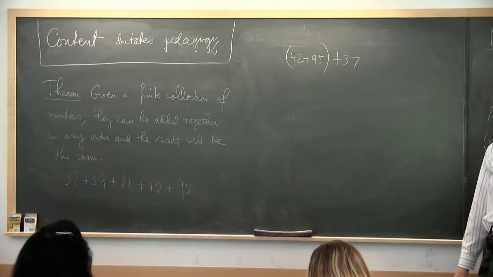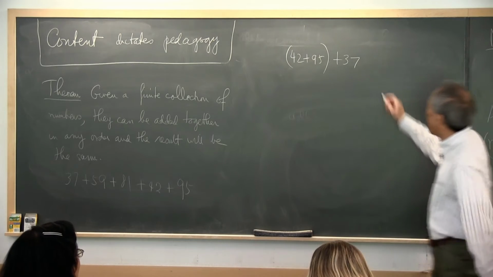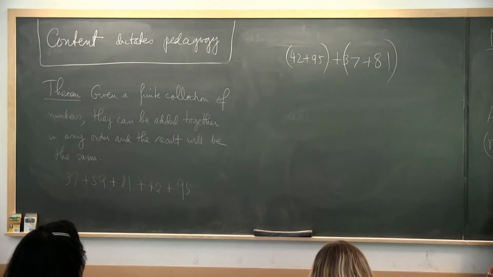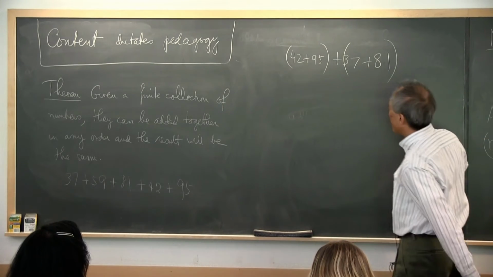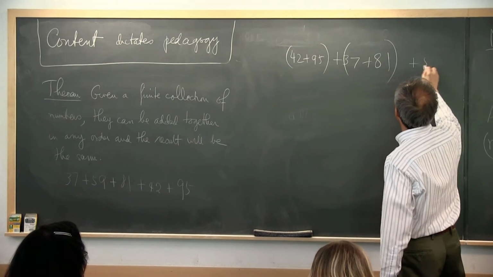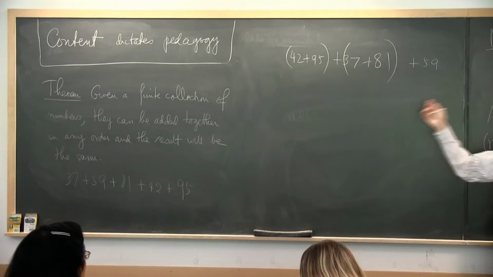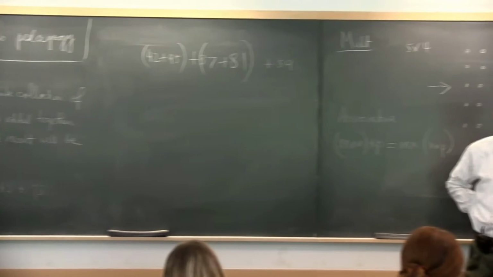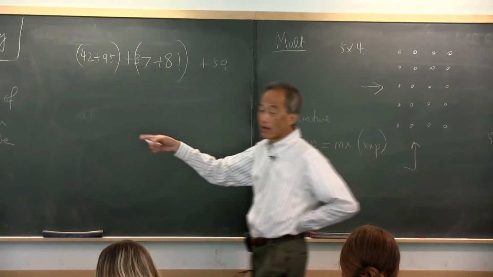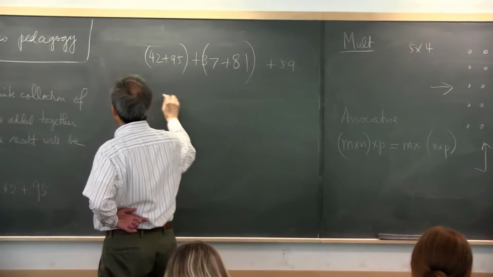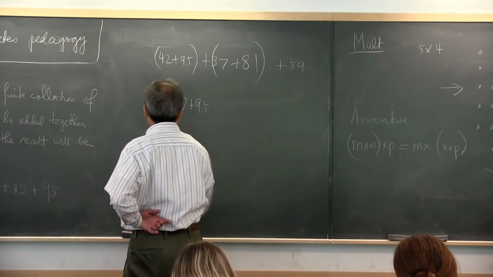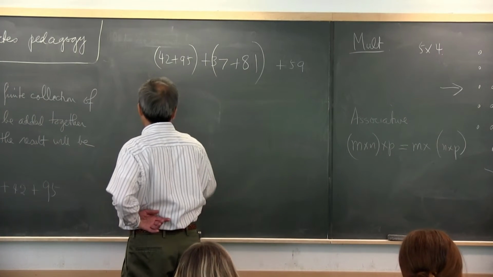But then I change my mind. I do this first, and then I put in 59. In one moment, I feel like doing this, another moment I say, no, the first and the last first. So 37 plus 95. In fact, I like 95 plus 37.